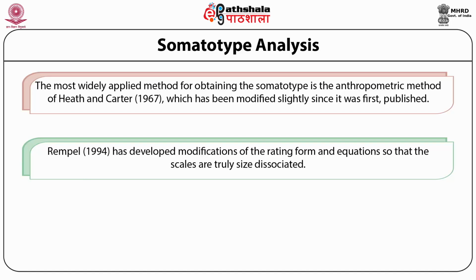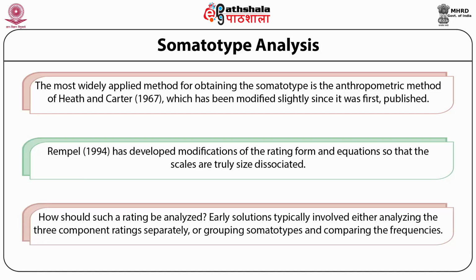Analysis of a three-number somatotype rating presents some unusual problems to the uninitiated. How should such a rating be analyzed? Early solutions typically involved either analyzing the three components separately or grouping somatotypes and comparing the frequencies.